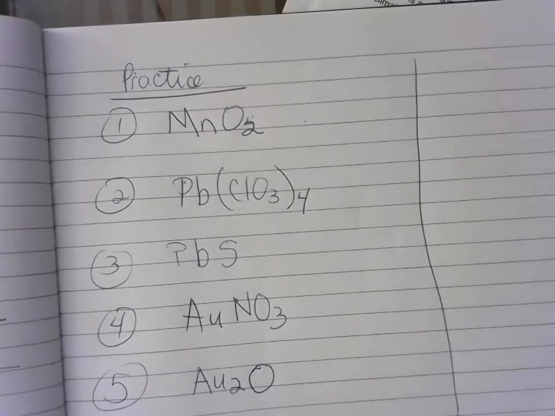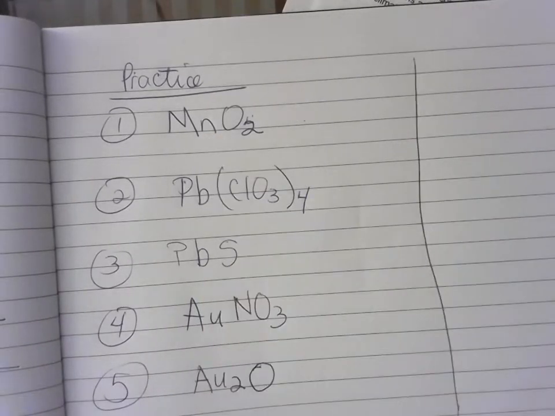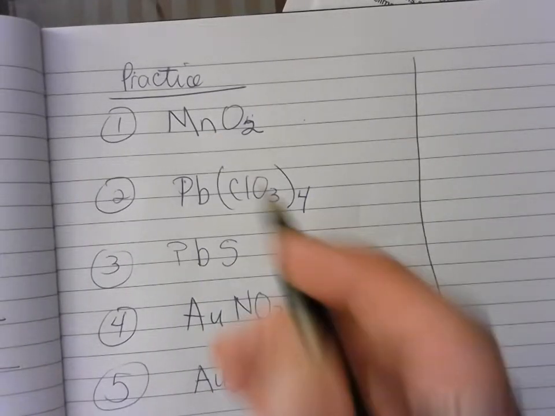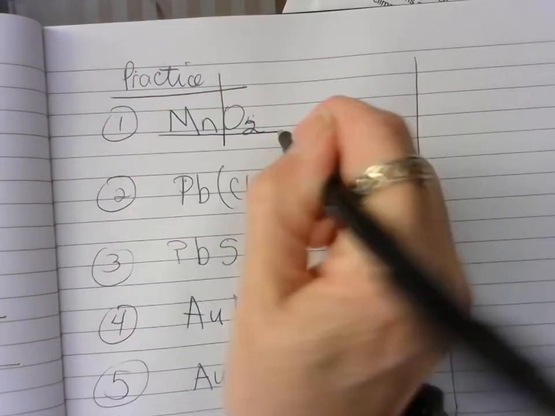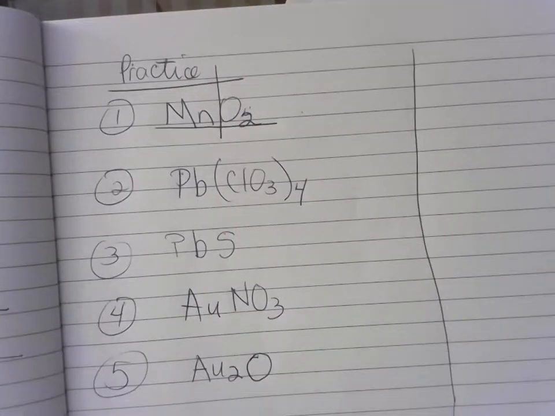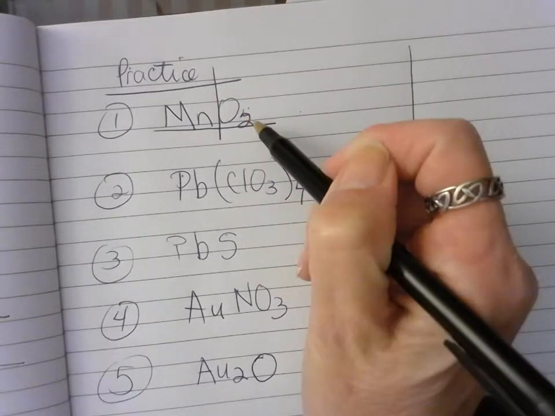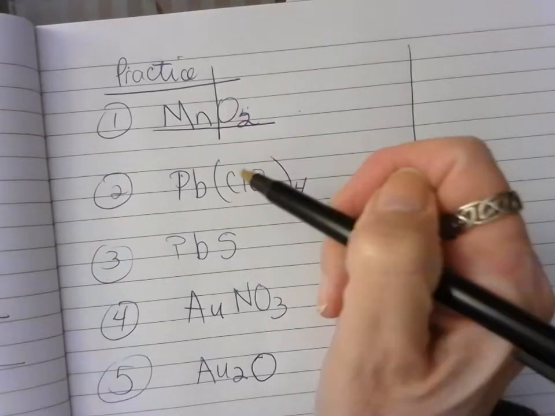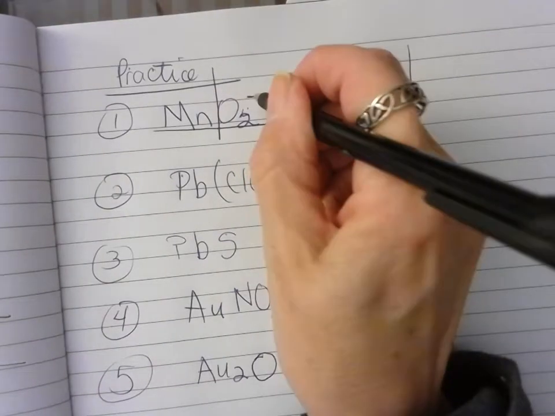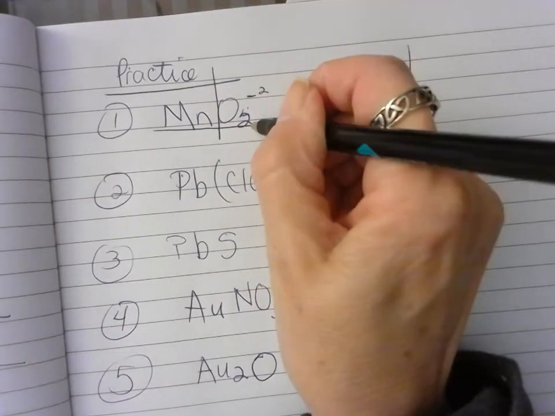So, we'll start with the anion. You know, oxide always has a -2 charge. So 2 times -2 gives you an overall -4.